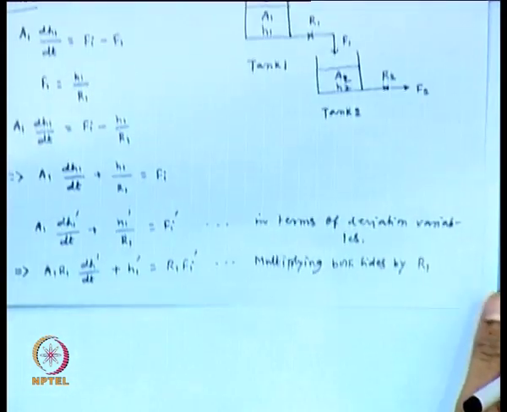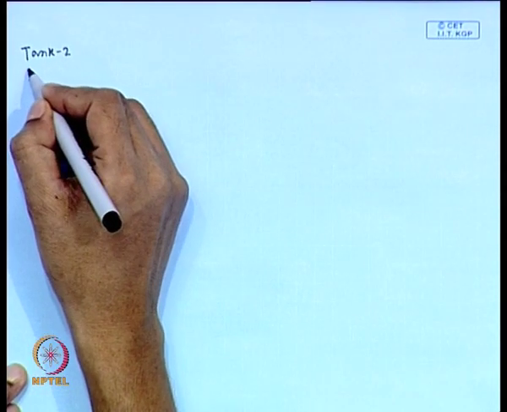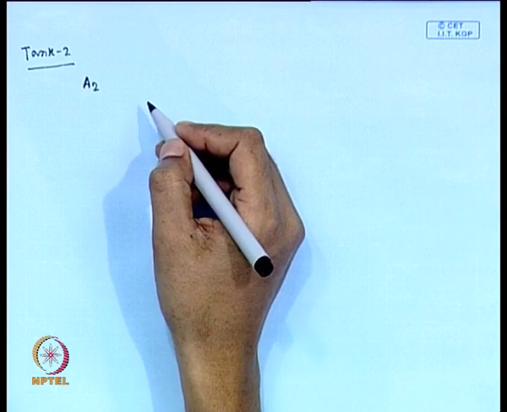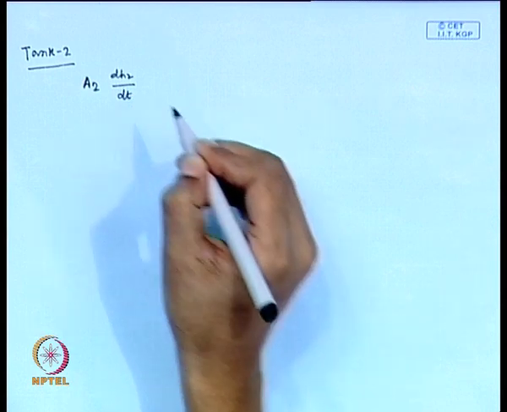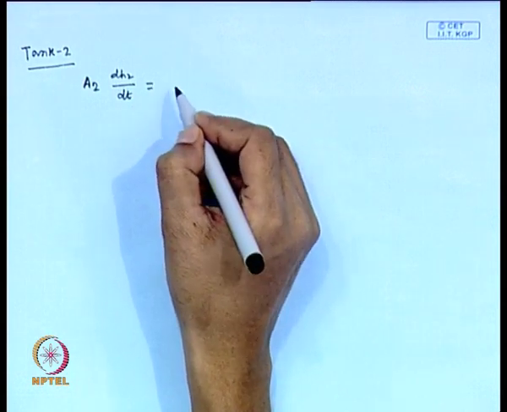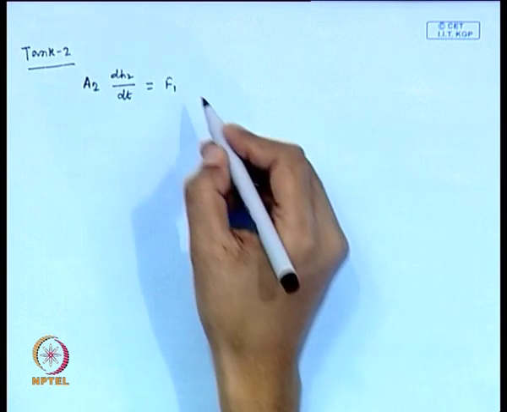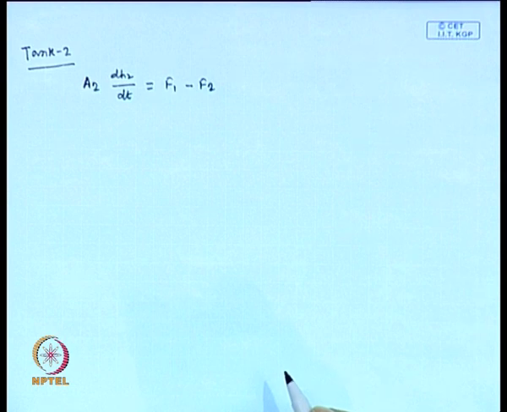Similarly, we will consider tank 2. For tank 2, we can write the modeling equation as A2 dH2 dt equals input flow rate, that is F1, minus output flow rate, that is F2.